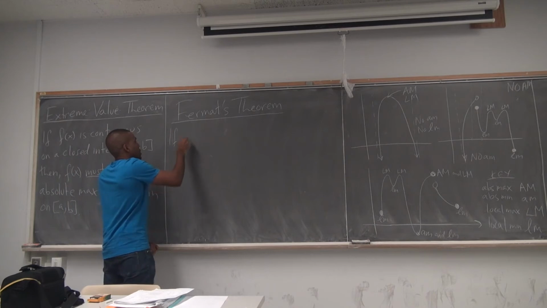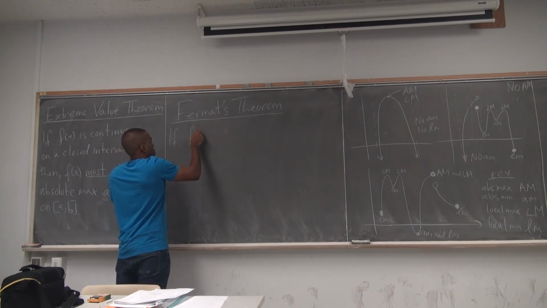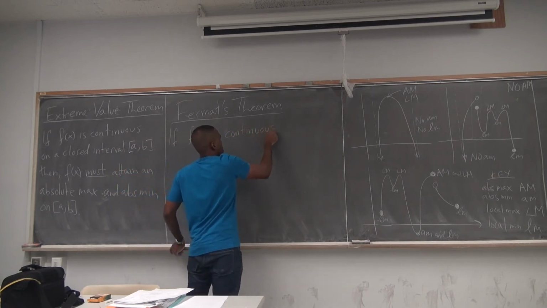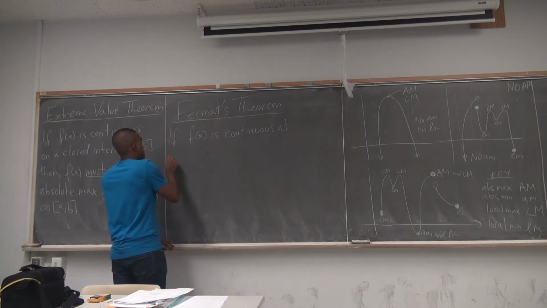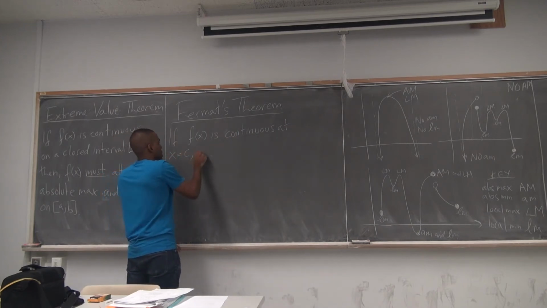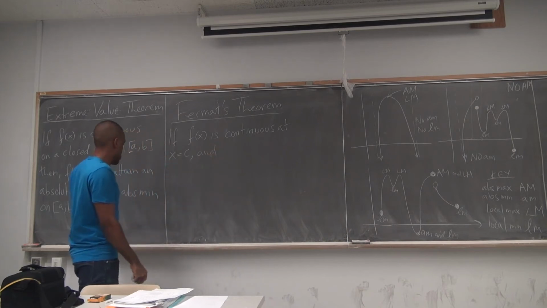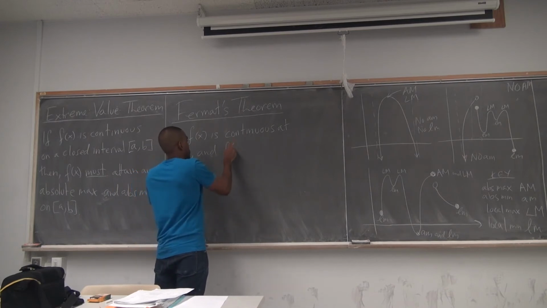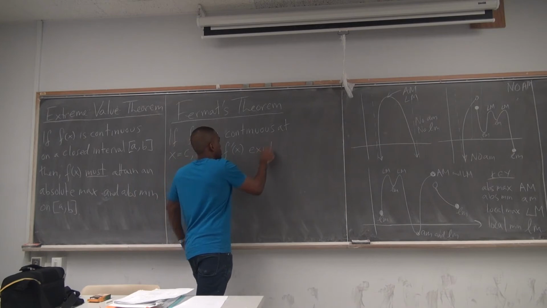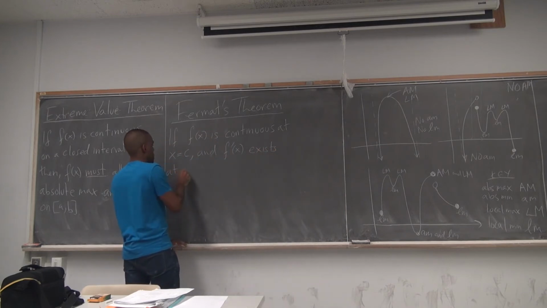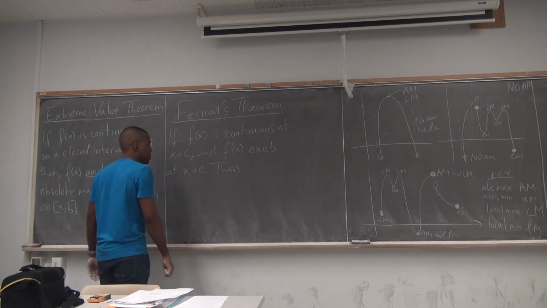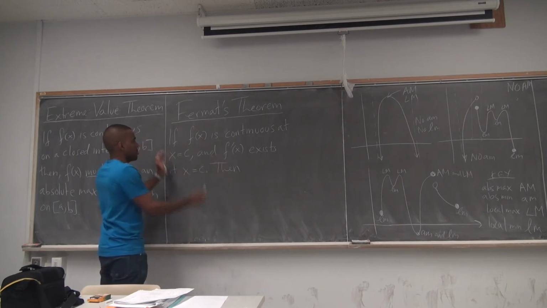If f of x is continuous at x equals c, and f prime of x exists at x equals c, then, right, so my function is continuous at this point, and I know the derivative exists.